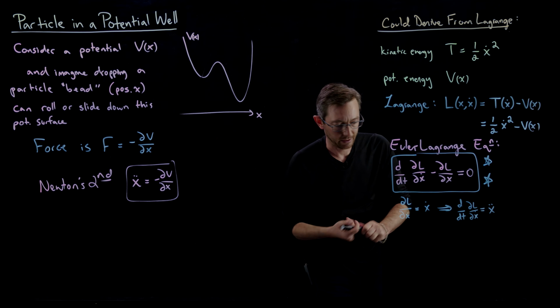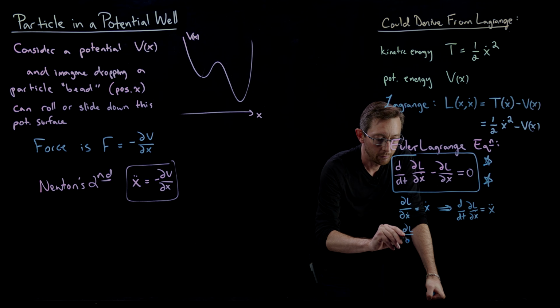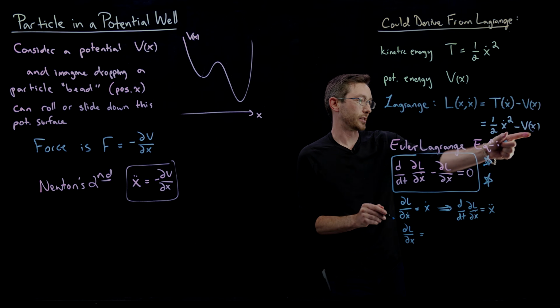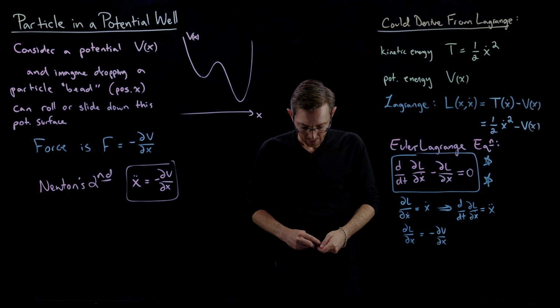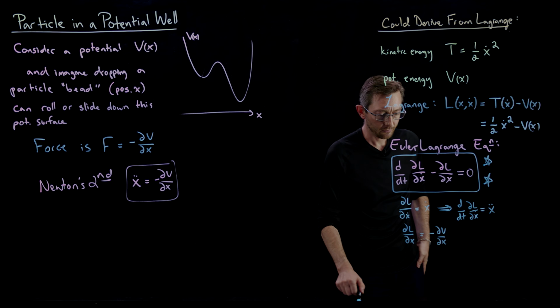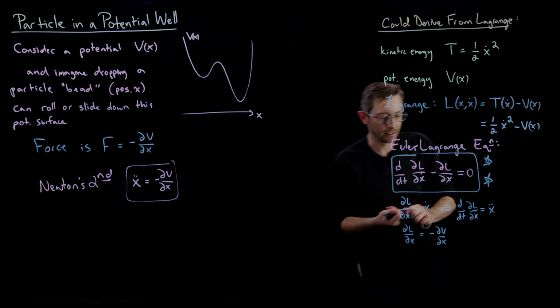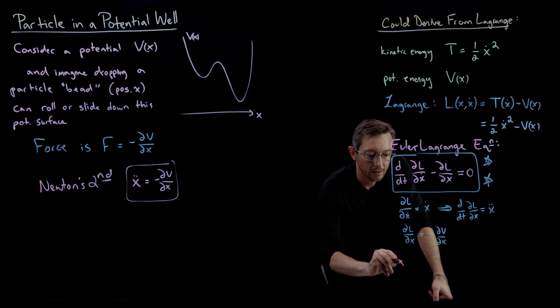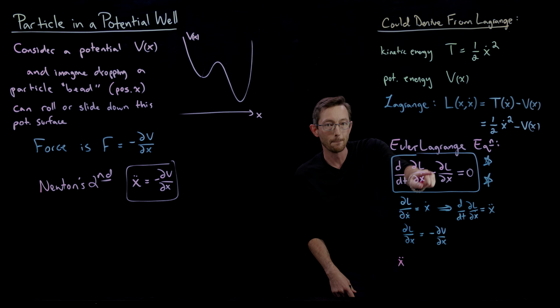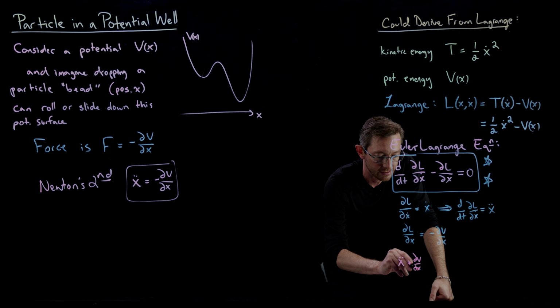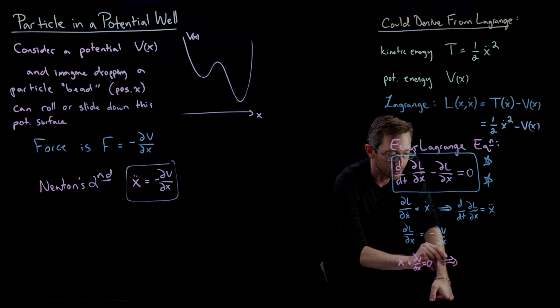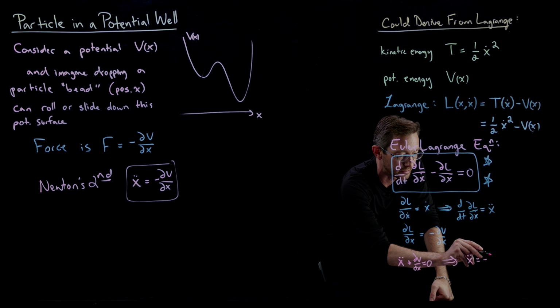And similarly, partial L partial x is just minus partial V partial x. Good. And so if I combine these, I basically have x double dot minus a minus partial V partial x is plus partial V partial x equals 0, which of course implies that x double dot equals minus partial V partial x.